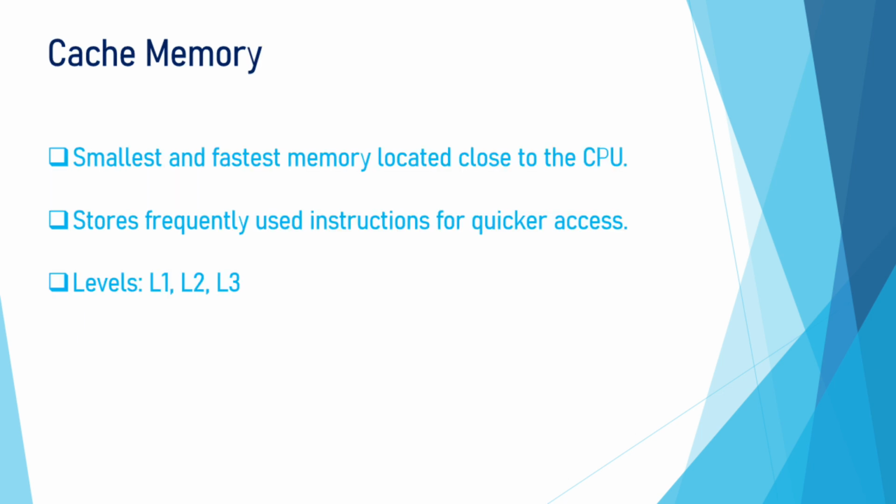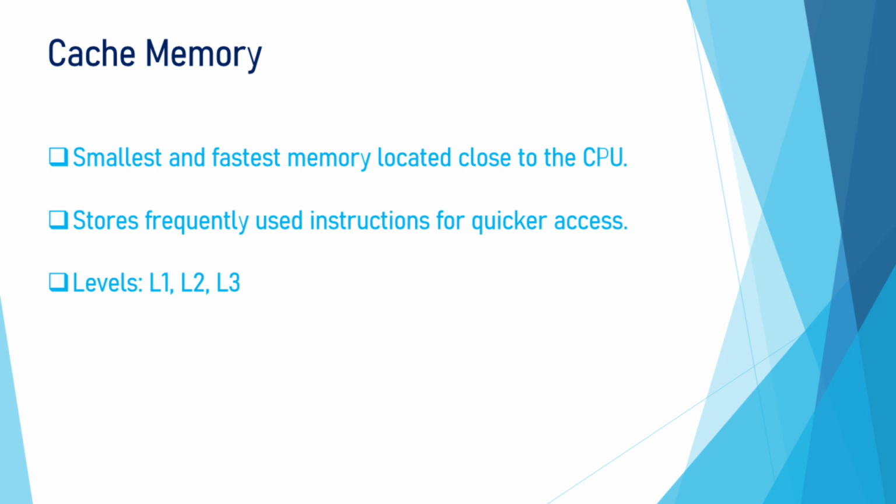And now let us see the third category, cache memory. Cache memory is the smallest but fastest memory in a computer. It is located very close to the CPU. Cache stores frequently used instructions so the CPU doesn't have to fetch them repeatedly from the RAM.